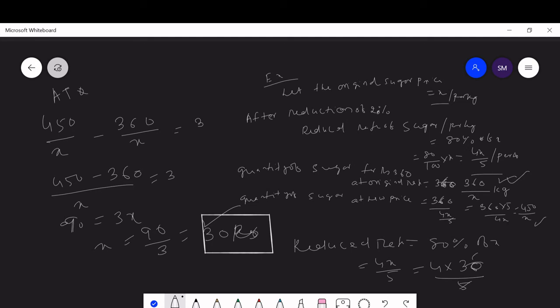Then this is equal to rupees 24. Now before the reduction the sugar price was rupees 30. After the reduction the sugar price comes to 24 rupees. As Mrs. Shah has a budget of rupees 360 to spend on sugar, she is able to buy 3 kg more sugar by spending the same 360.